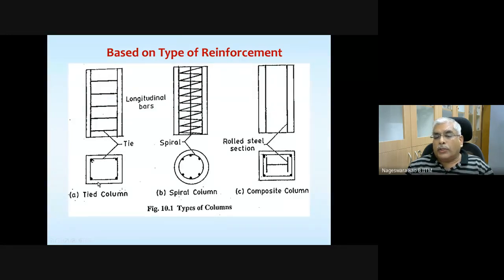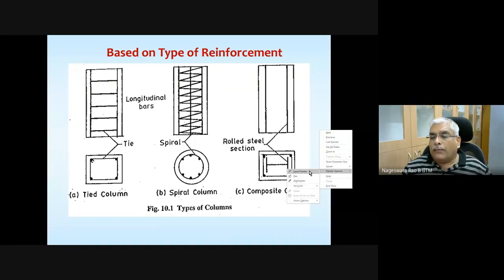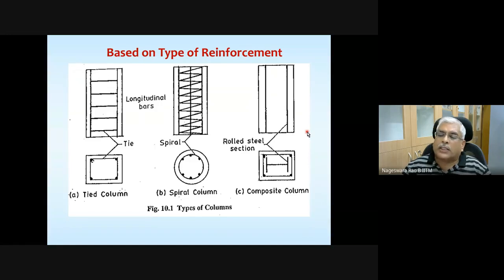So a column which has ties or a spiral as a lateral reinforcement, this is also called helical reinforcement. Or if the load coming on the column is becoming very large, and when you are designing, your cross-sectional dimensions are becoming larger and larger, then when you have a space constraint, you can go for this kind of composite column.